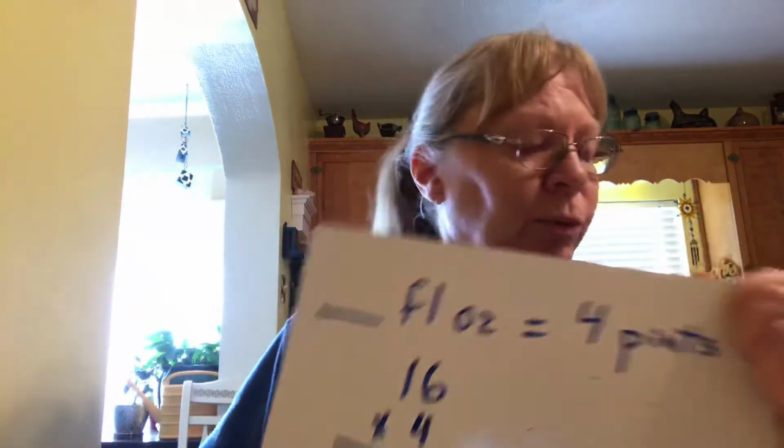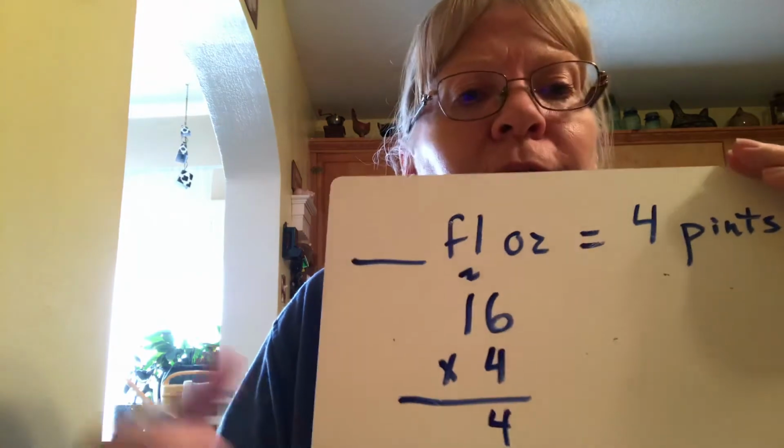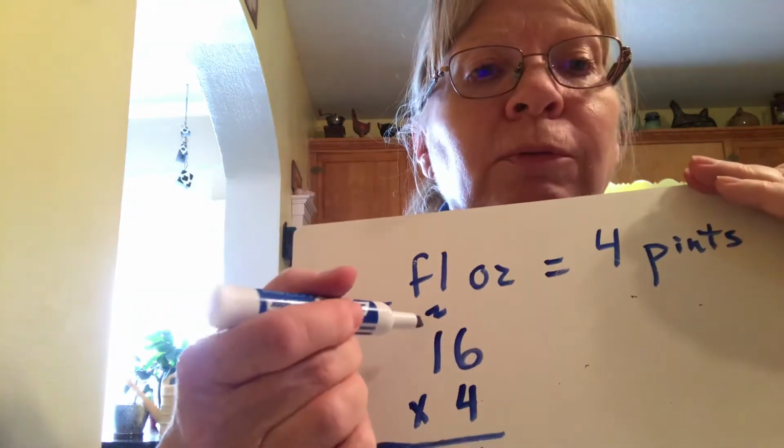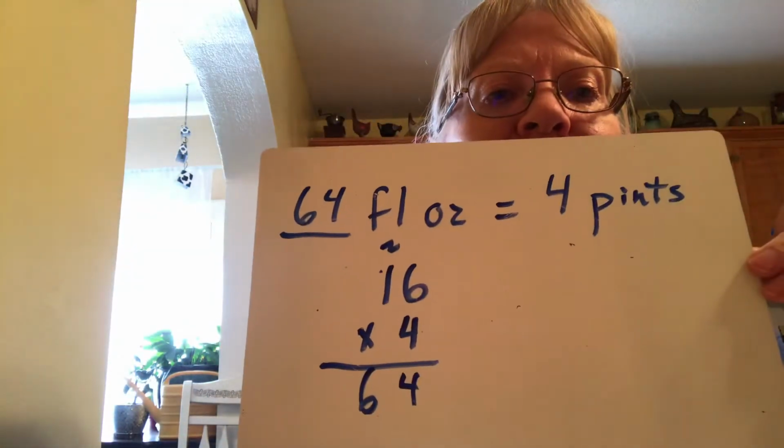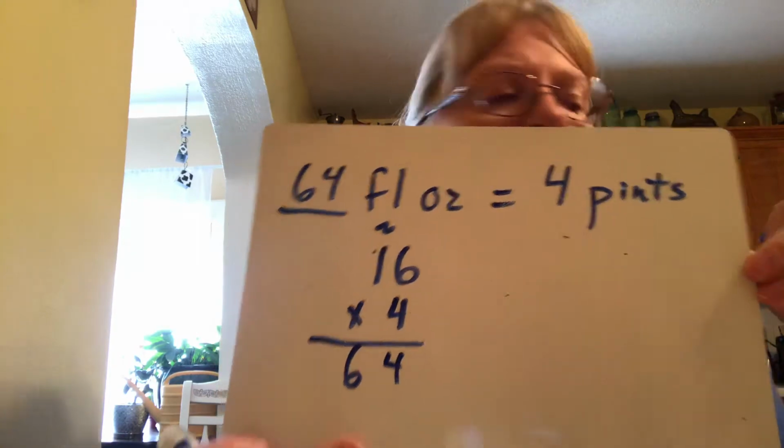We put our 4 at the bottom and we carry our 2. Then we do 4 times 1, which is 4, plus 2 is 6. So altogether, we have 64 fluid ounces equals 4 pints.